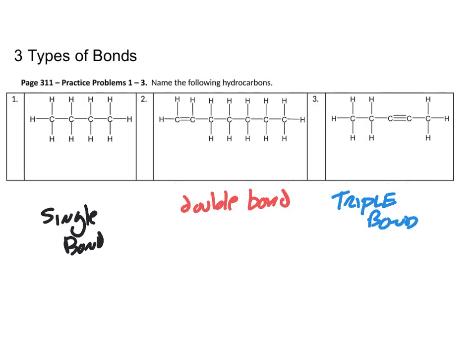Now, a hydrocarbon that has a series of single bonds is simply referred to as an alkane. And the ending is super important here. So in this case, we have the alkane, and it has 4 carbons in it. In the double bond, it's a special kind of hydrocarbon that is known as an alkene.